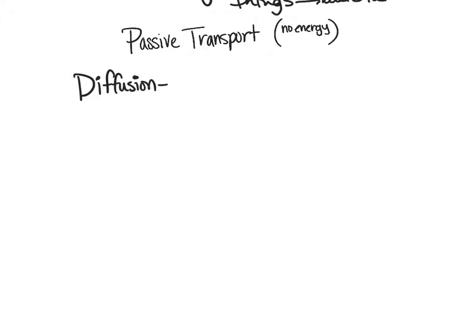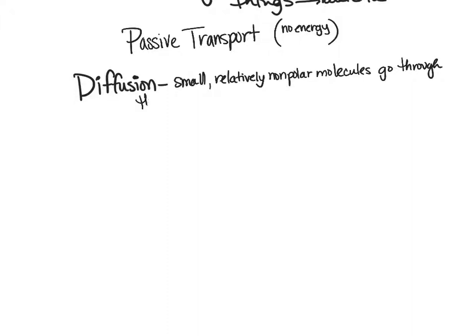And the first type of passive transport we're going to talk about is diffusion. So again, this is where we have our small, relatively nonpolar molecules that go through the membrane on their own.